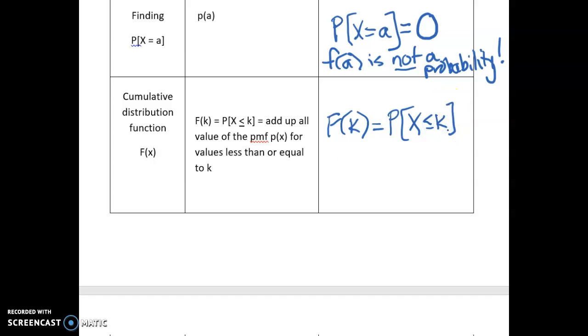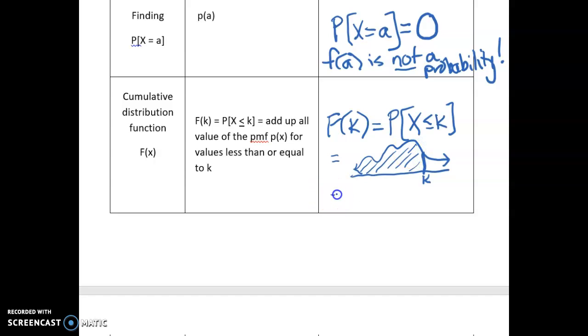I'm going to draw that picture again. Here are the different values that f of x takes, and maybe there's some weight here, and that's k. So the probability of being less than that value ends up being the area under the curve.